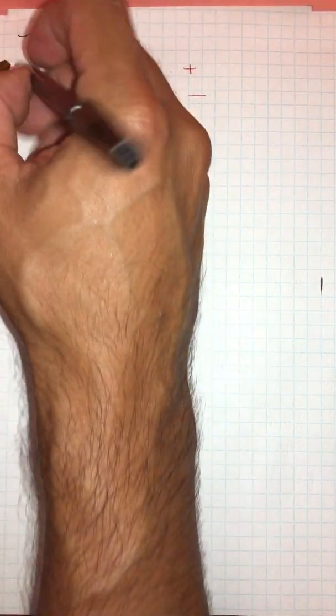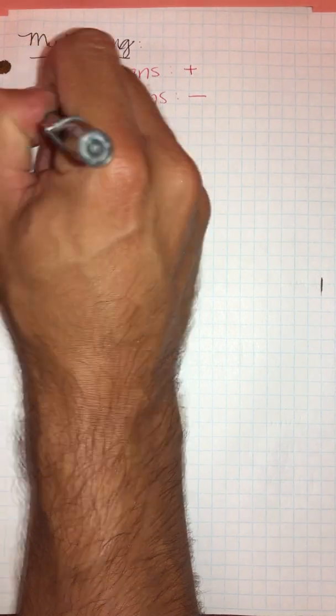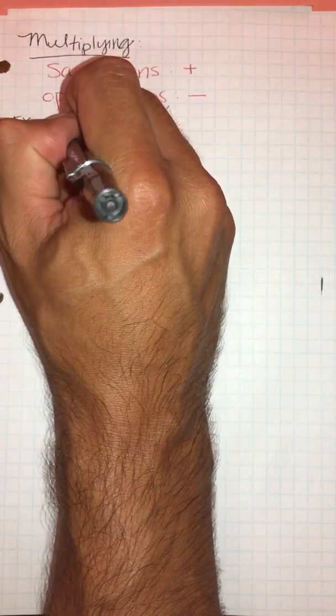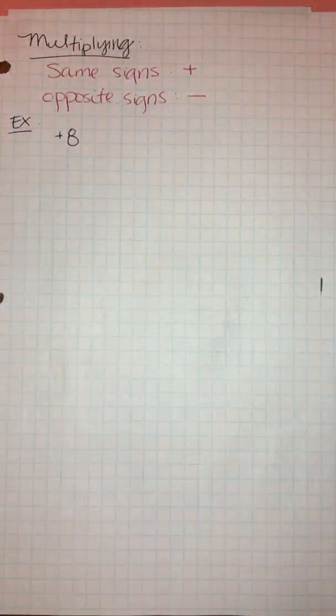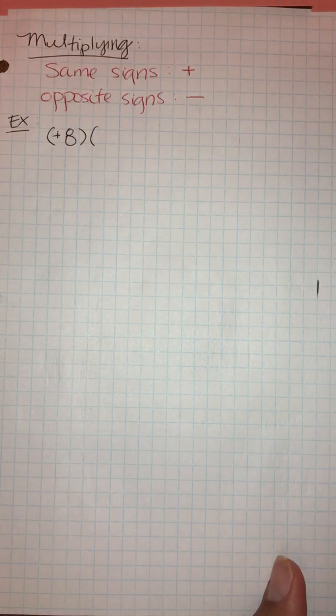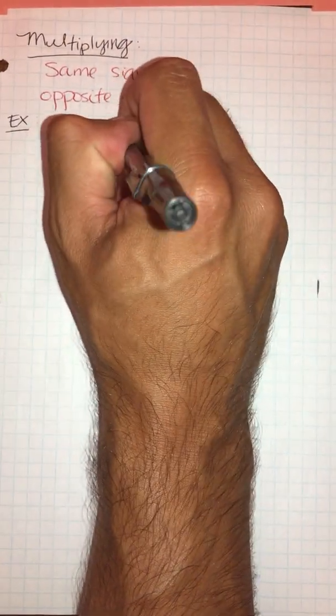Okay. So let's go over an example, ladies and gentlemen. Let's say we have positive 8. We're going to put that in parentheses. And in a second set of parentheses, we're multiplying. So we're going to say positive 4.